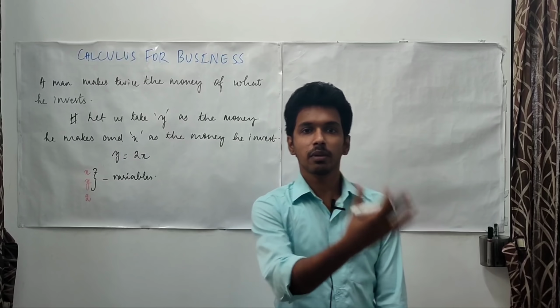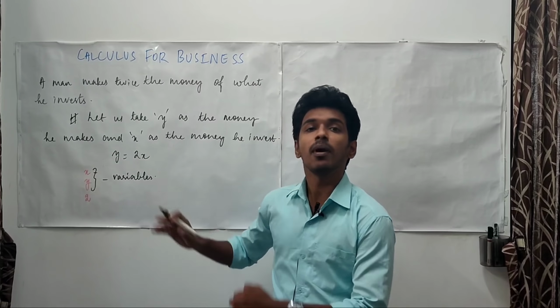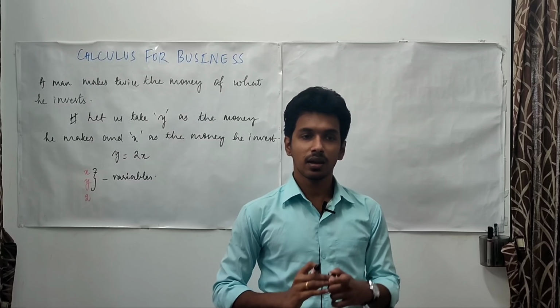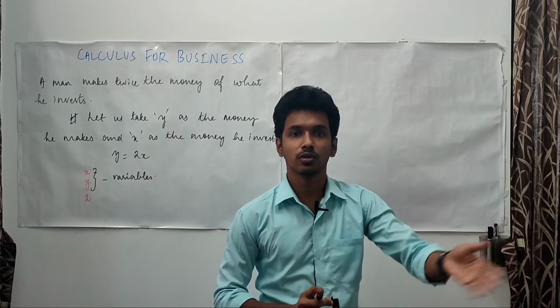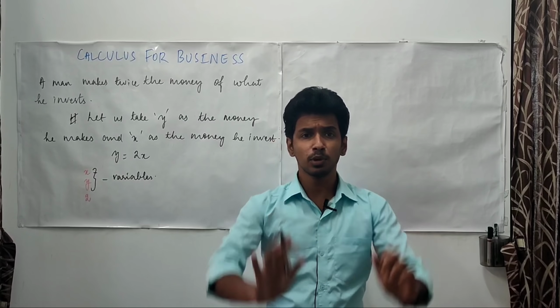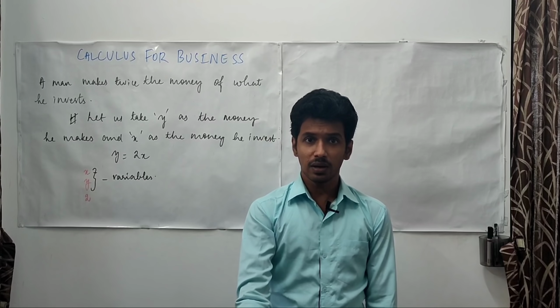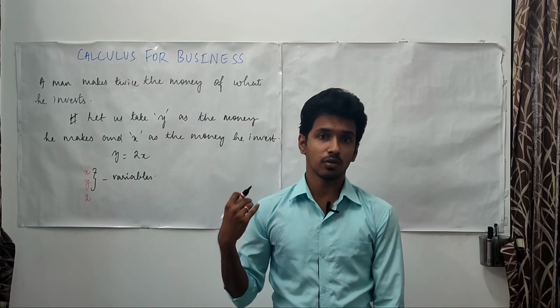He can invest 10 rupees, 100 rupees, 1000 rupees, a lakh, a crore, a billion. It is up to him to invest whatever he wants, but whatever he invests, he is going to get the double out of it.